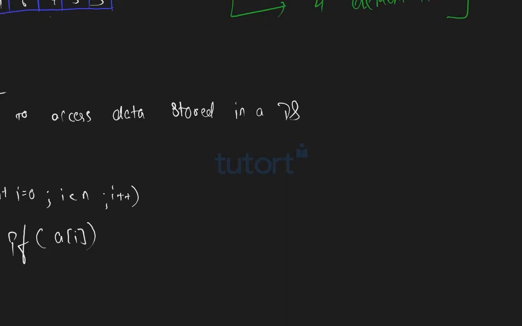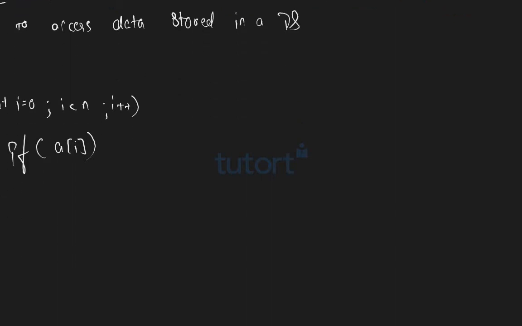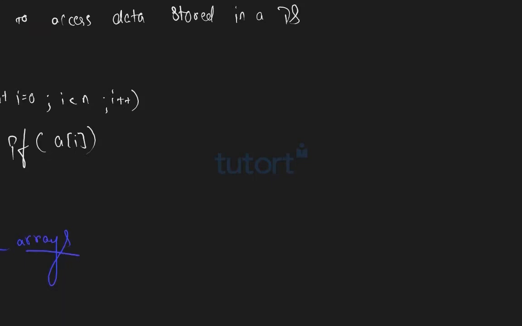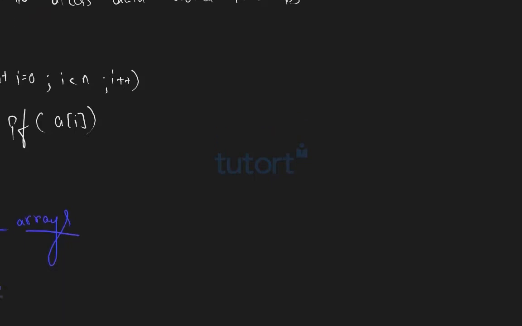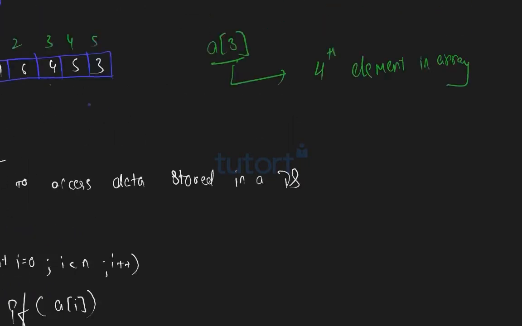Then there comes types of array. Second comes types of array, based on the dimensions. So there could be a 1D array, single dimension, like this.